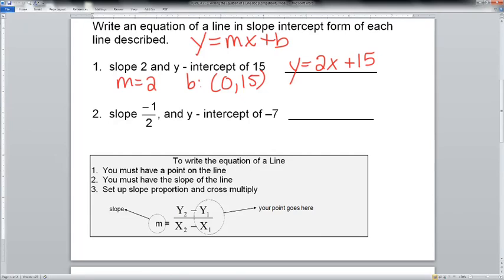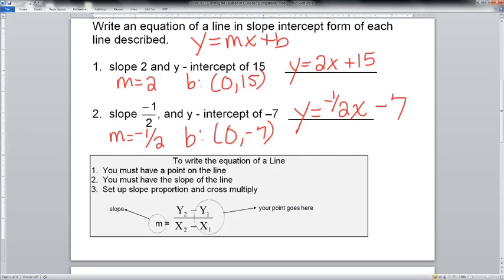Okay, not so bad. Number 2 is a slope of -1/2, so that means my m is -1/2. My y-intercept, which is my b, is 0, comma, -7. And so when I put it together, I have y equals -1/2 x minus 7.